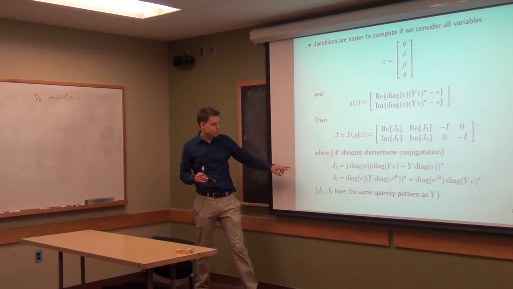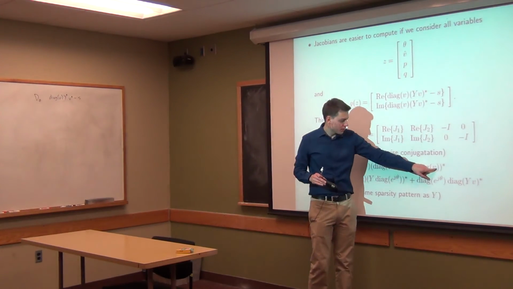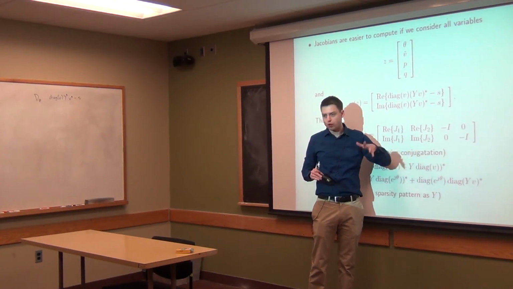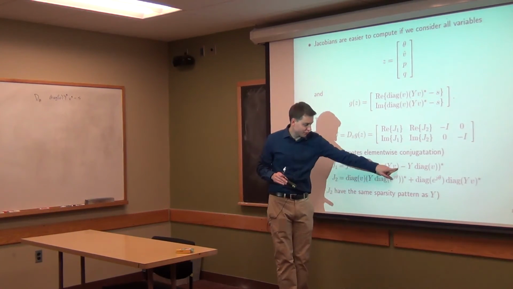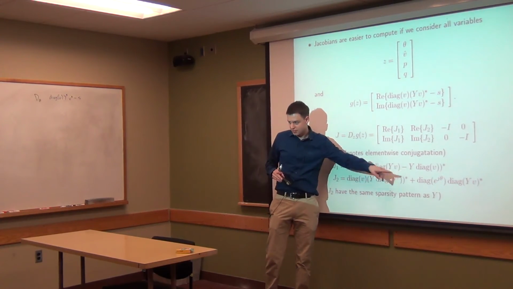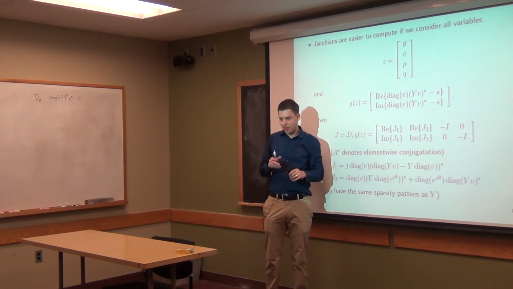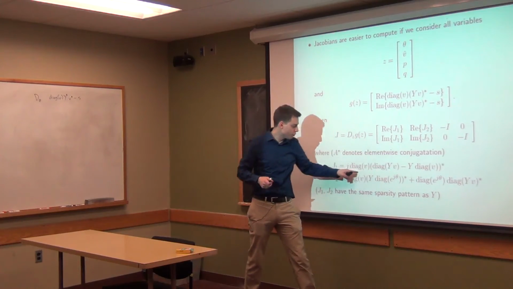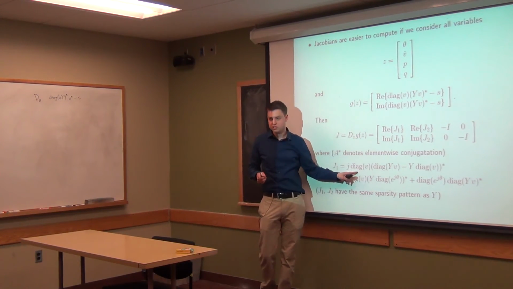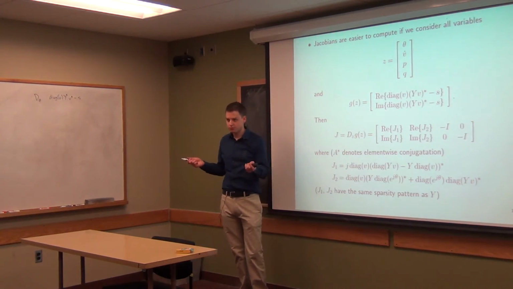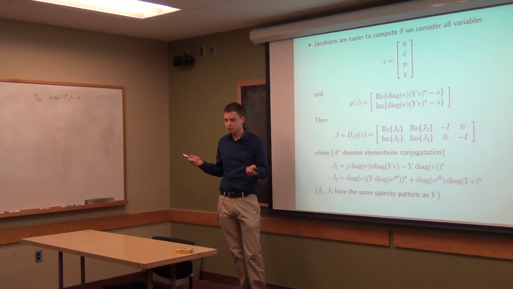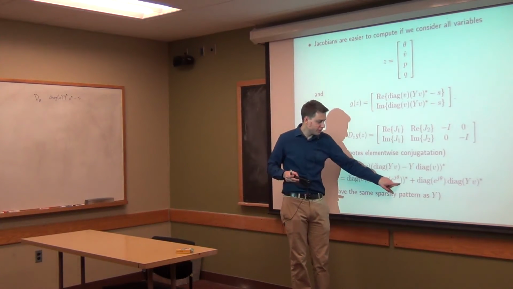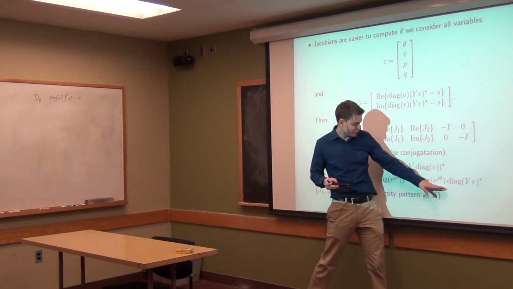Because you have y times diag v, which just scales the columns of y. You have a diagonal matrix here, and every element in the matrix does have a diagonal entry, so it does not change the sparsity pattern. Then you pre-multiply by another diagonal matrix, which just scales the rows. Same here: you have y times a diagonal matrix, and then two diagonal matrices times each other.